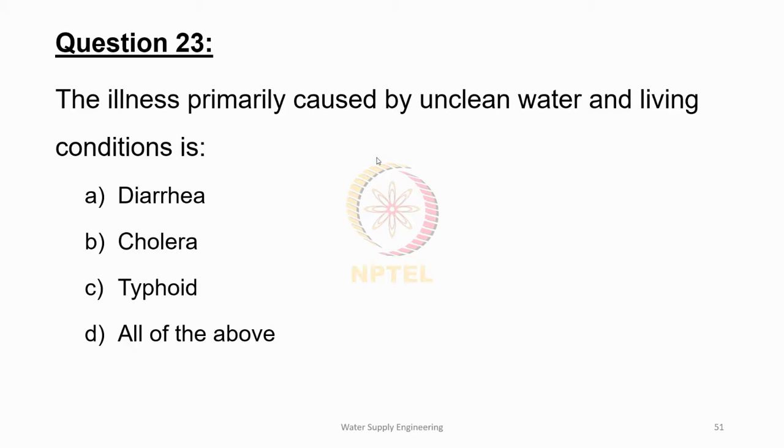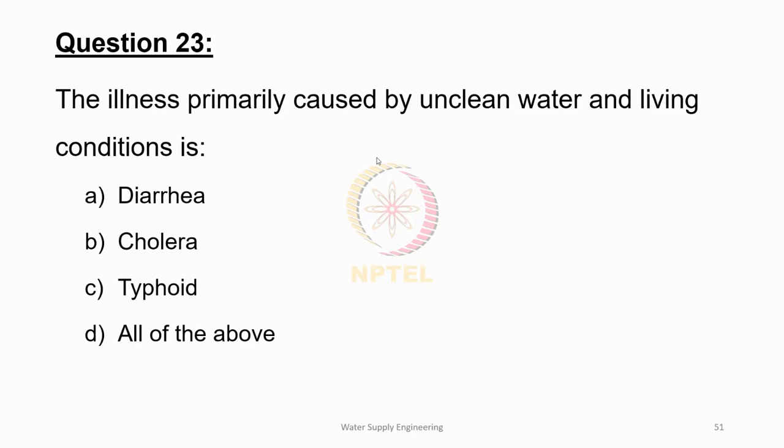The illness primarily caused by unclean water and living conditions is option A, diarrhea, option B, cholera, option C, typhoid, option D, all of the above. So earlier in one of the questions we had mentioned that the presence of pathogens or disease causing microorganisms in water may lead to waterborne diseases.